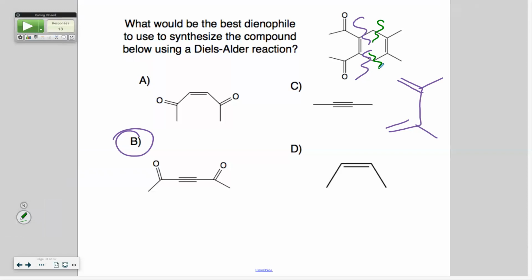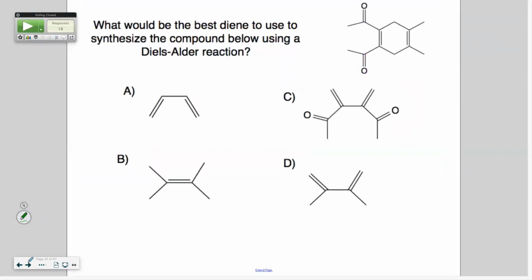Why isn't it C? Because you want the dienophile to have the electron withdrawing group, so that makes the reaction work better. Why isn't it A? Because you've got to have a triple bond. Why isn't it D? Because you've got to have a triple bond. How do you know you've got to have a triple bond? There are 2 double bonds. That's pretty much your clue.